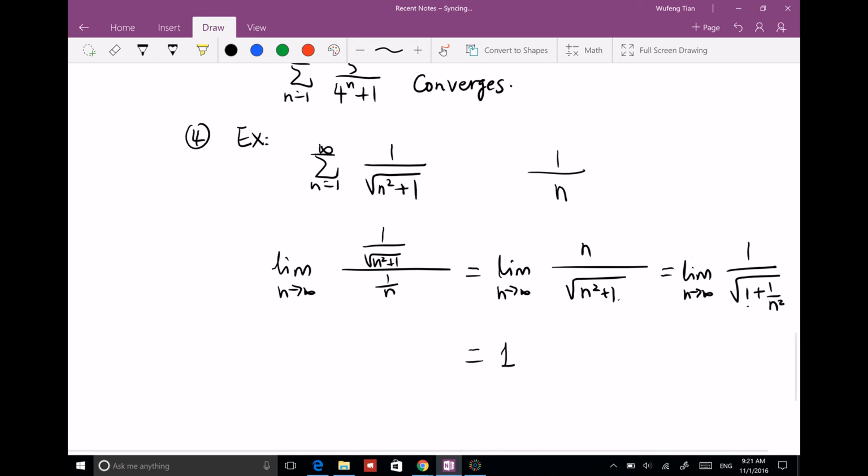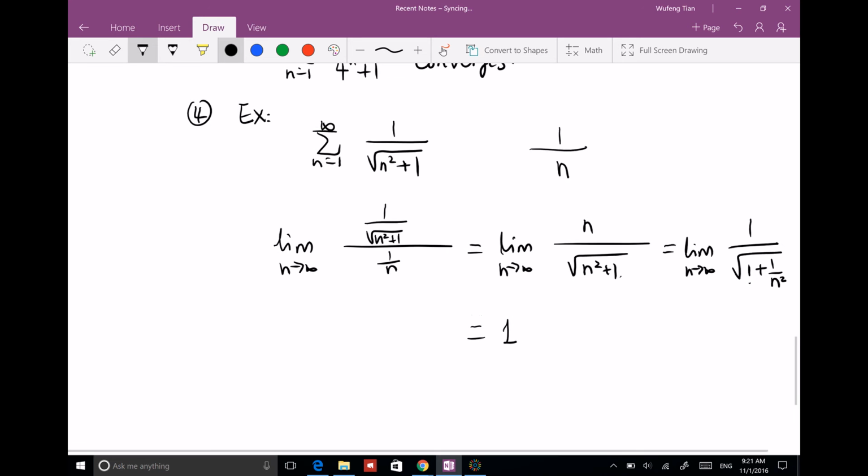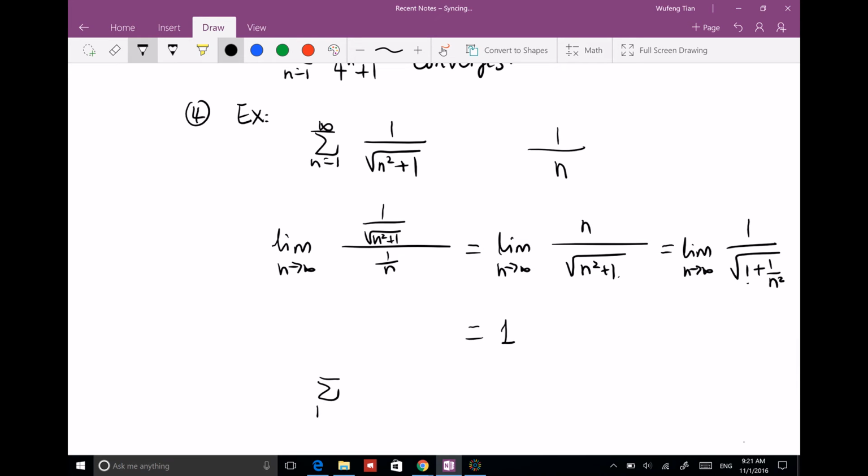Alright, in a test or when you do your math problem, it's just up to you whether you would like to use L'Hopital's rule or divide everything by the highest power. You also get a 1. Since the sum of 1 over n from n to infinity diverges, then this diverges.